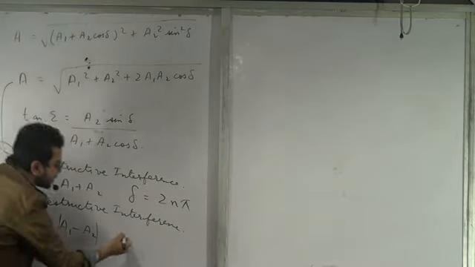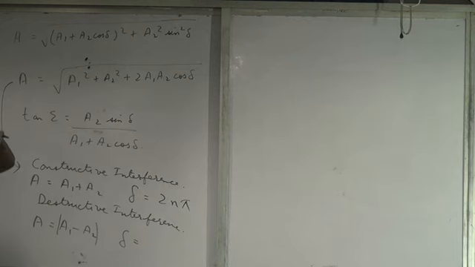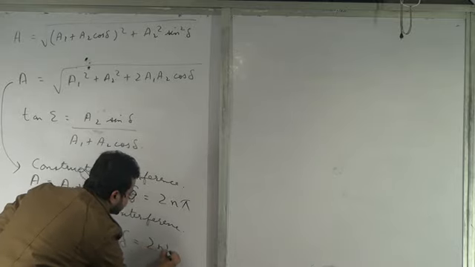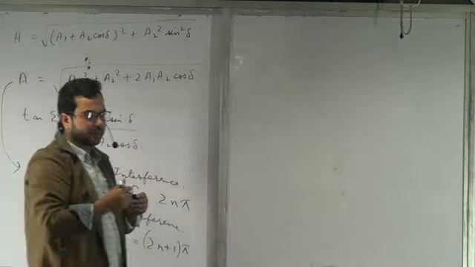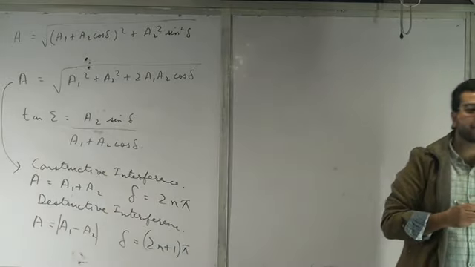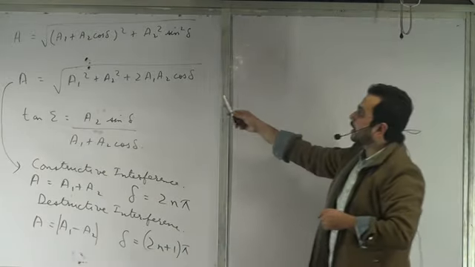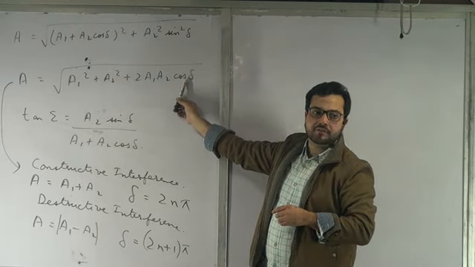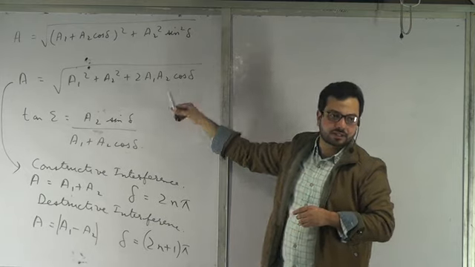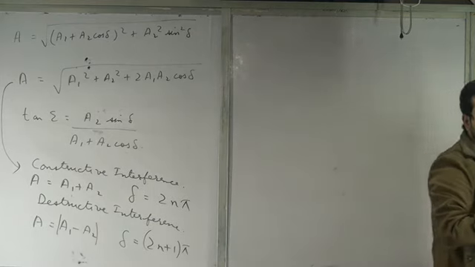This happens when delta is equal to (2n plus 1) pi: pi, 3 pi, 5 pi, 7 pi. At these places you'll have destructive interference. Basically you have constructive interference when the cosine becomes 1, and destructive interference when it becomes minus 1. Is that clear to everyone?